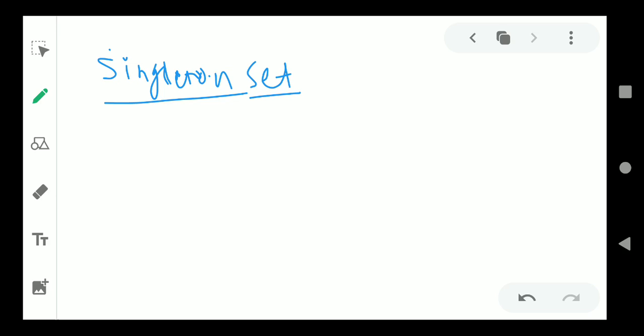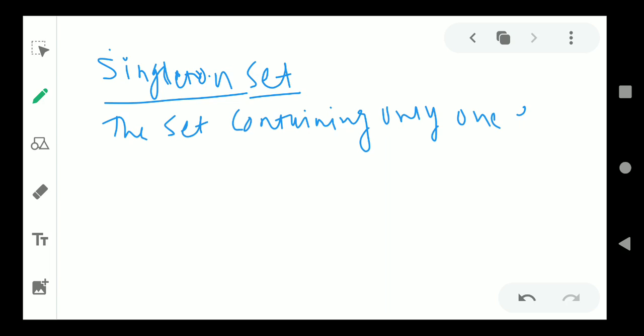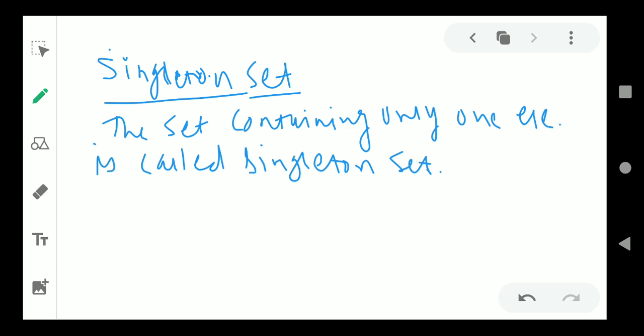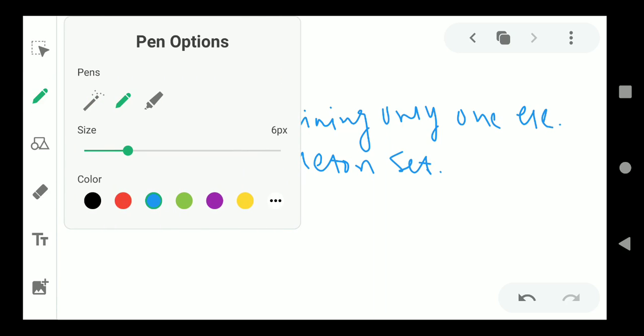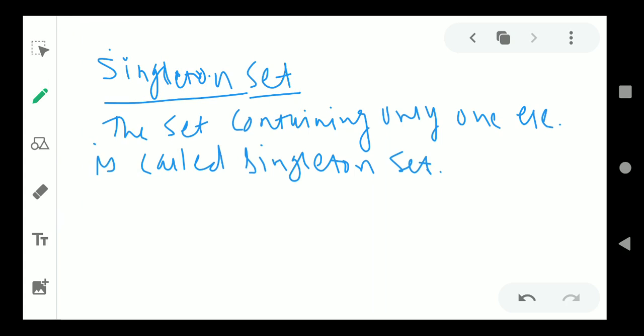The set containing only one element is called singleton set. It means if you have only one element in a given set, then it is called singleton set.